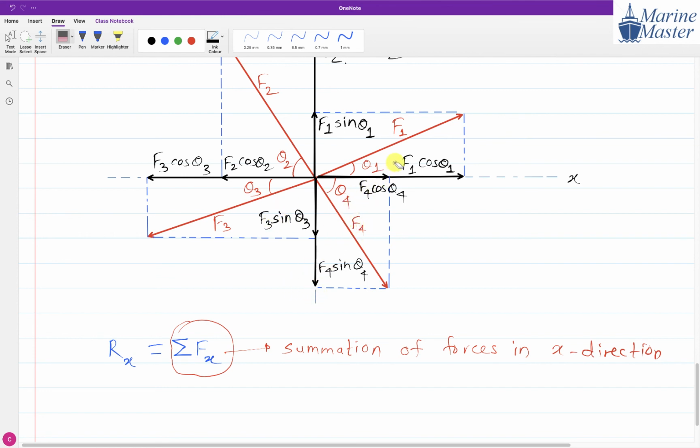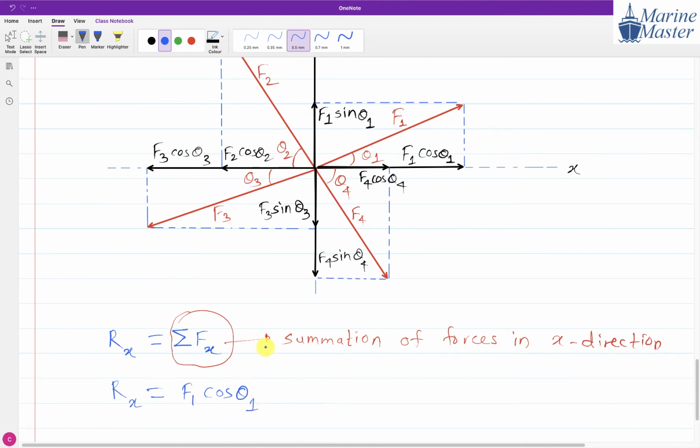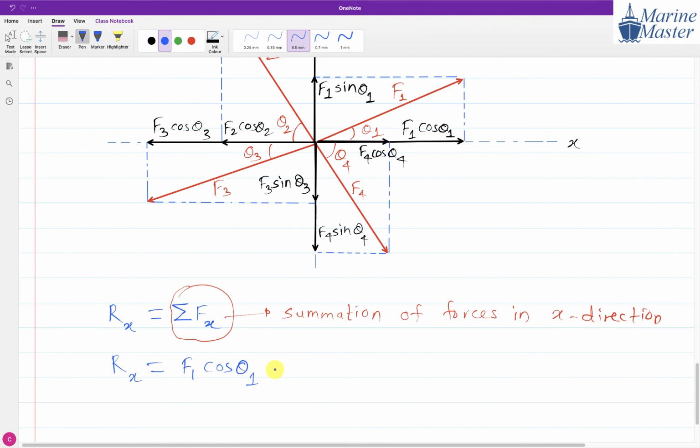So now see, what are the forces here? In X direction: F1 cos theta 1, F2 cos theta 2, F3 cos theta 3, and F4 cos theta 4. Now try to see the scenario. So Rx, summation of forces in X direction. F1 is in positive X direction, so we take F1 cos theta 1 plus F2 cos theta 2 plus F3 cos theta 3 plus, not plus, it will become minus.